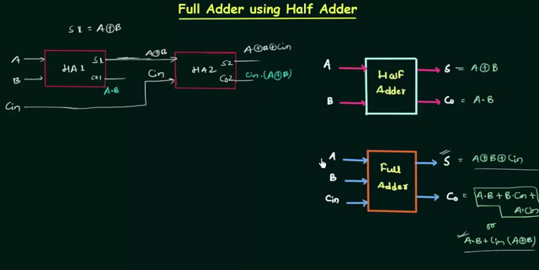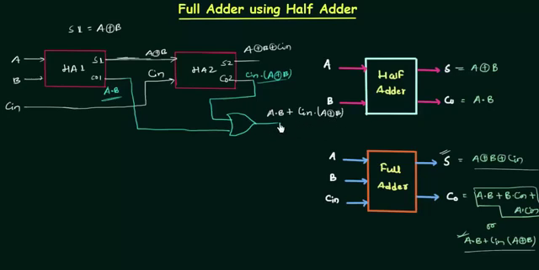So the only thing that we need to do is to OR these two carry outputs. So we will use one two-input OR gate, with inputs A and B, and the second input Cin and A XOR B. So the output of this OR gate is going to be A and B, or Cin and A XOR B, which is nothing but the carry output of the full adder.